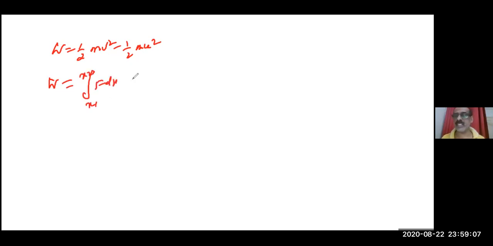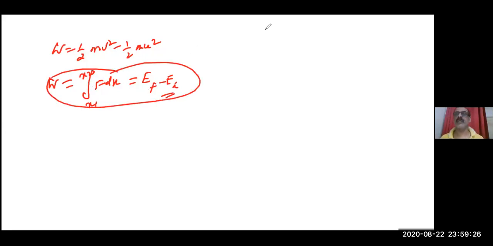This is the work done in a variable force. And this is equal to final kinetic energy minus initial kinetic energy. Like this we have to prove. Okay, but this is not that important, but still there's a chance of asking.